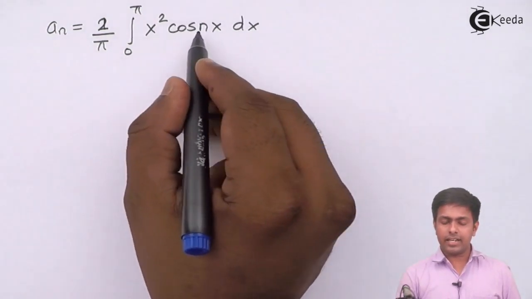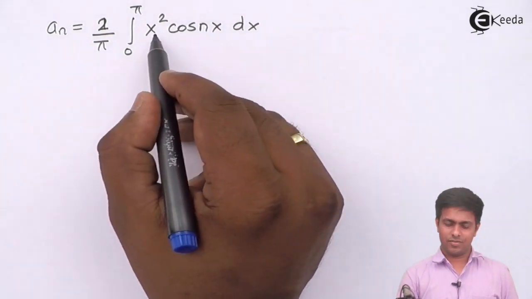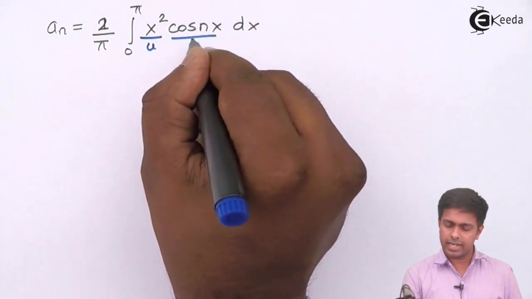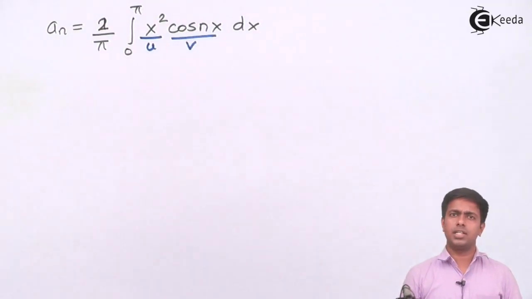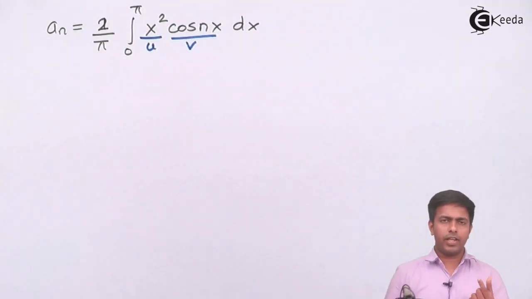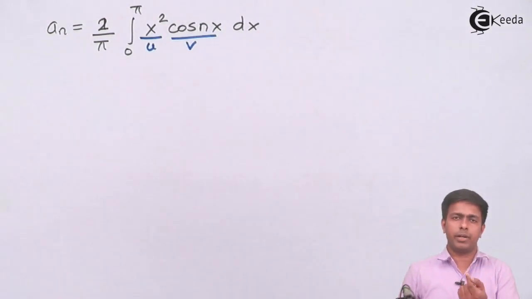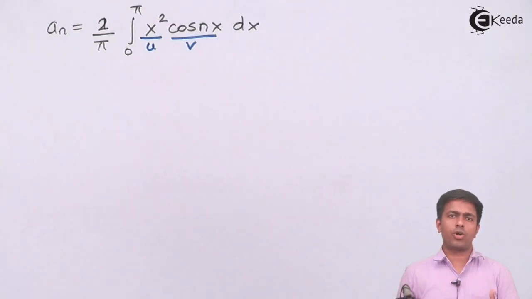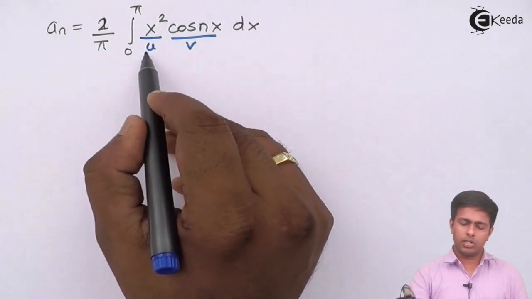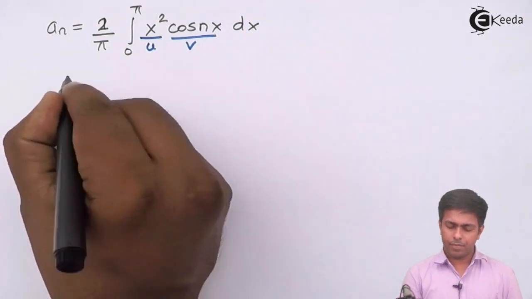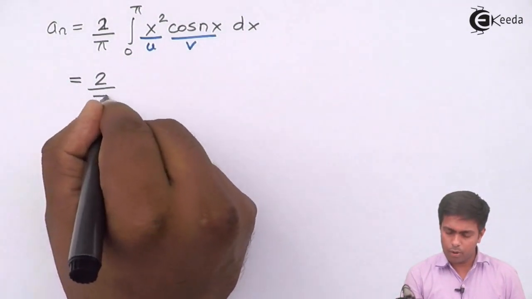So here there are two terms which are multiplying each other. So I'll call the first term u and the second v, because the first term is algebraic, and whenever we want to find the integration of two terms which are multiplying each other, we use the shortcut formula. So in the shortcut formula we always take the algebraic term as u. So the algebraic term is x square, so that is u. So let's apply that formula. So it is 2 upon pi.